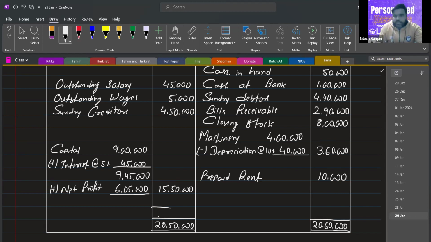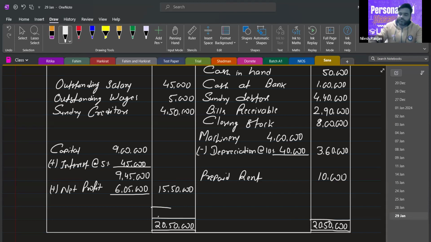Let me add it again. 5, 4, 9, 9, 18, 18, 6, 24, 24, and 1, 25. Sorry. It is 20 lakh 50,000. Done?